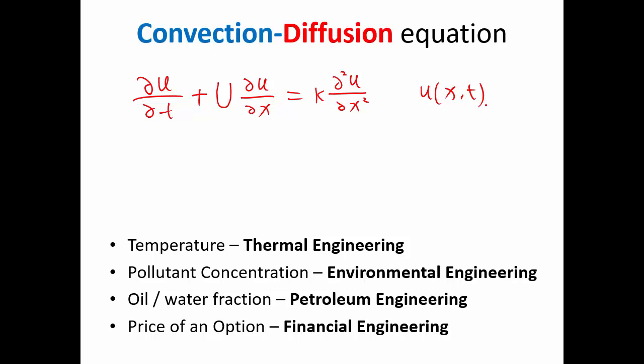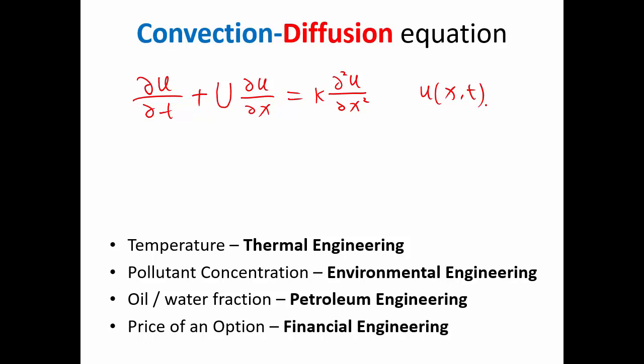And why is this a linear equation? Can somebody tell me why this is a linear equation? Yes? Because if you take two solutions, you add them, you get a solution. Very good. That's the best answer I can expect. A linear equation satisfies the following criteria.